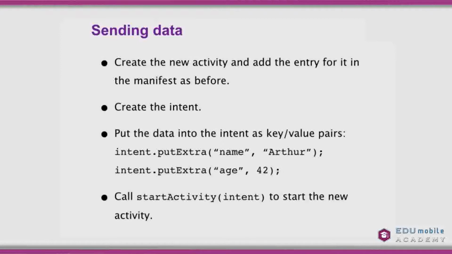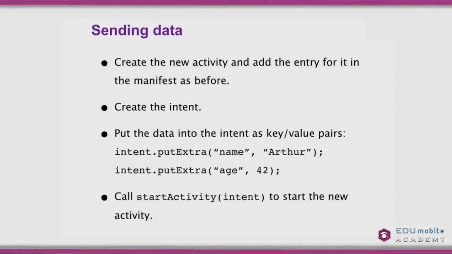So to send data, first of all, a lot of this stuff is the same. We create a new activity, we add the entry for it in the manifest, we create the intent. All of that is the same. But the difference is we put the data into the intent as key value pairs using the putExtra method of the intent class. So intent.putExtra, and then the key is a string.